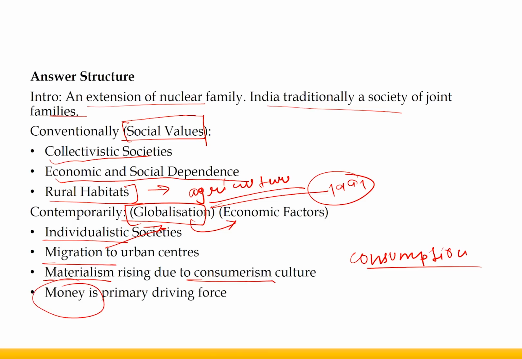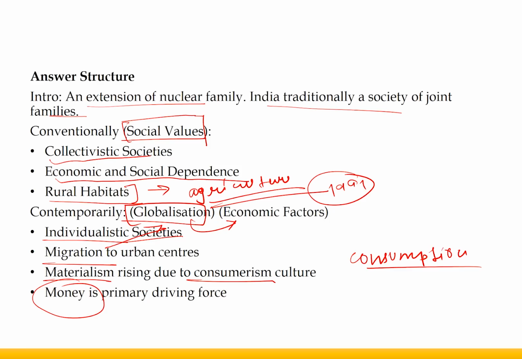Now, how these factors have impacted joint families, it's very easy to write now. Because societies have become individualistic, they are migrating to urban centers. They want to live alone, they want to stay away from their families, and they want to have their own homes. Because of materialism and the consumerism culture, they have become more selfish, and people want to have everything for themselves.